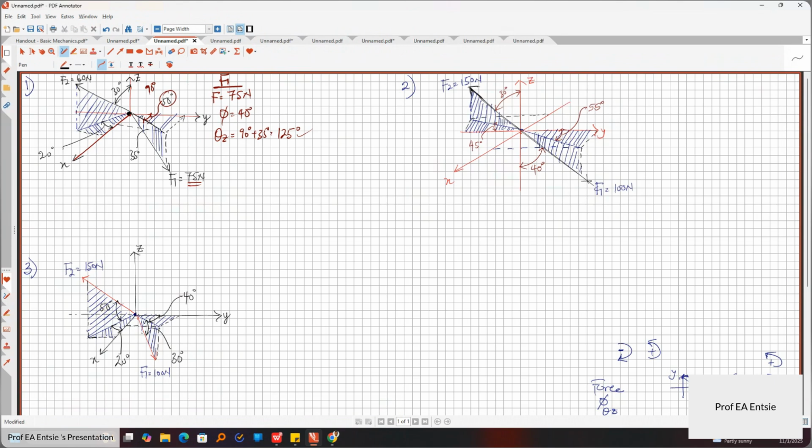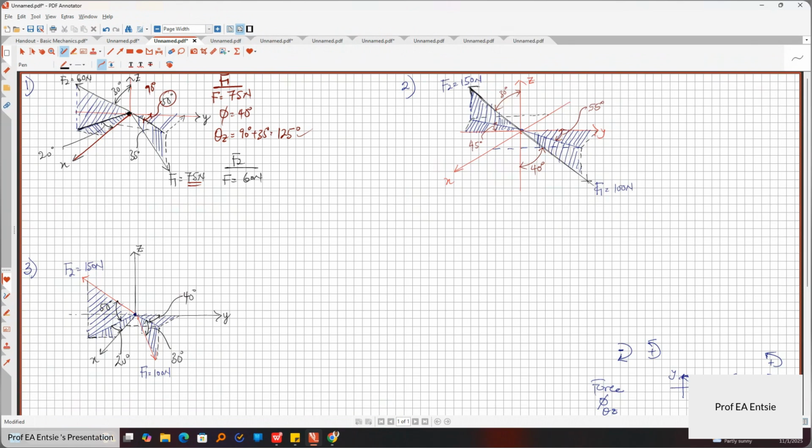So that's how F1 goes. Then you come to F2. What resultant force are we considering? F2, the F there, is 60 newtons. Then we check the phi, the angle between the positive x-axis and the base of the plane containing F2. Here is the base of the plane containing F2.